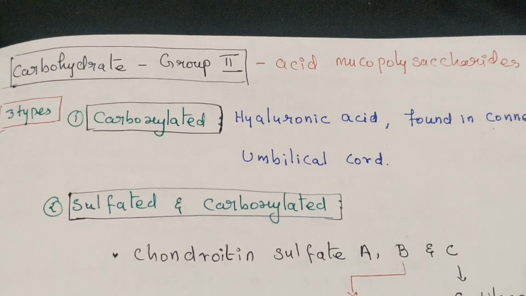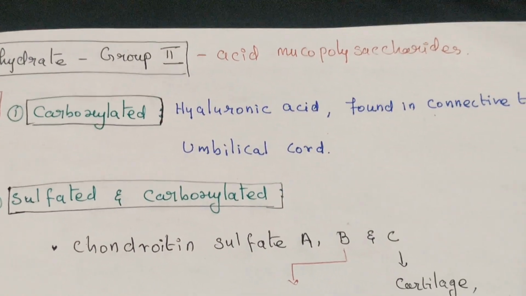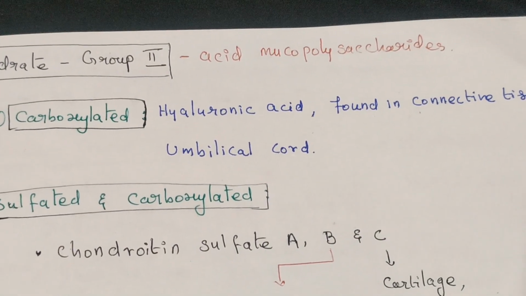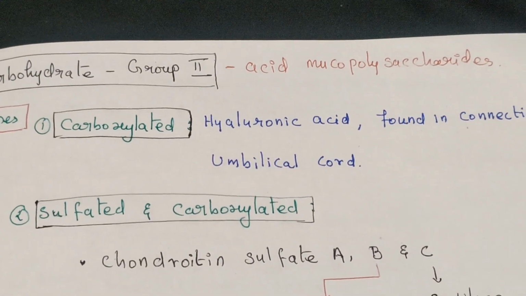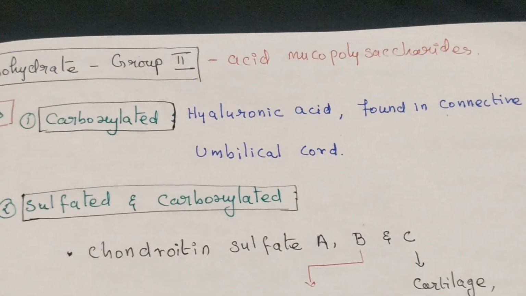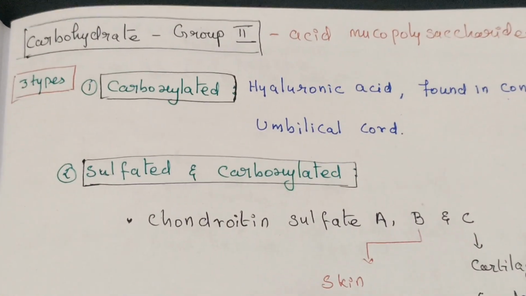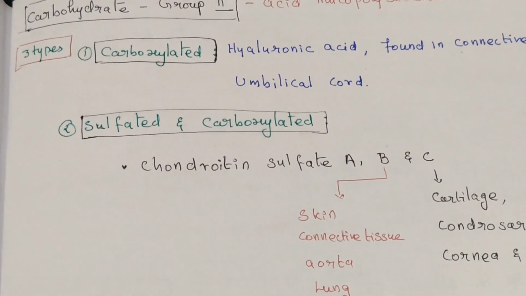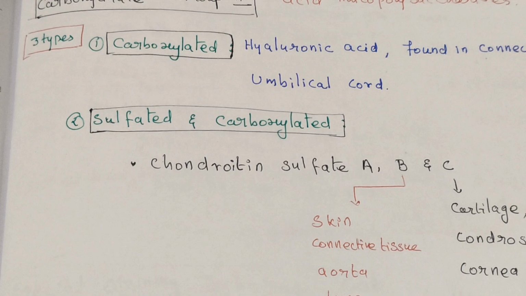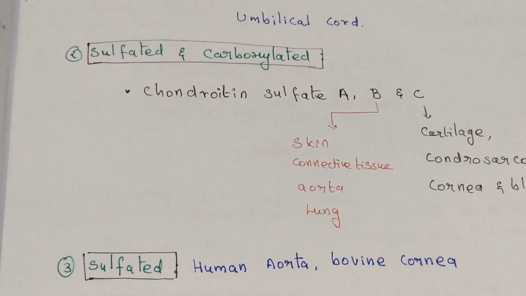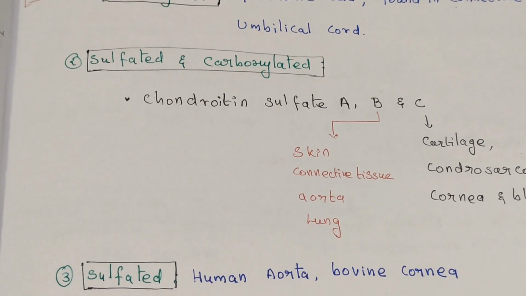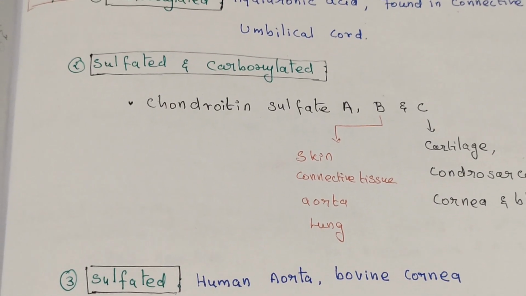The second group of carbohydrate classification is based on acid mucopolysaccharide. Group 2 carbohydrates have 3 types: carboxylated, sulfated, and carboxylated then sulfated.